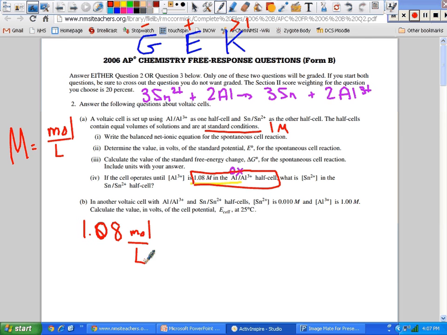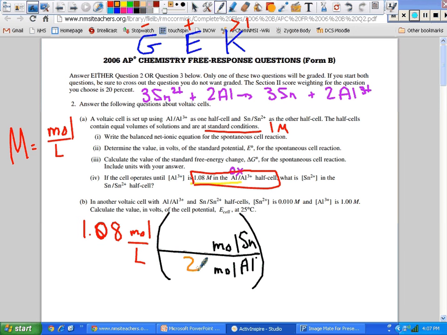You got to go on bottom. Sorry, I wrote the parentheses. I've been doing it in honors all day. Okay, and this is Al, and this is Sn. Now, so what's going to go on bottom? 2, what's going to go on top? 3, very good. Now be very careful. Significant figures. How many do you have? 3, very good.